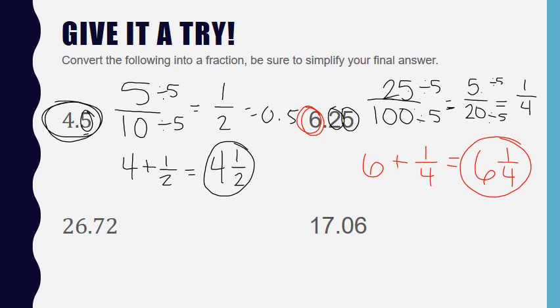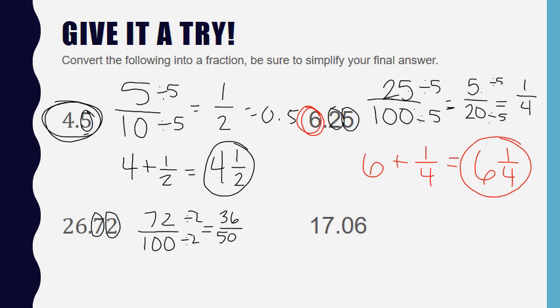So, this one, we start after the decimal. 72 is after the decimal, so that's my numerator. My denominator is still a power of 10, and this time I want 2 numbers after the decimal, so 2 zeros. They're both even, so I'm going to divide by 2. 72 divided by 2 gives me 36. 100 divided by 2 gives me 50.